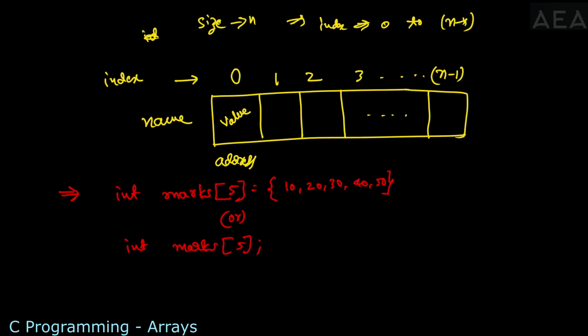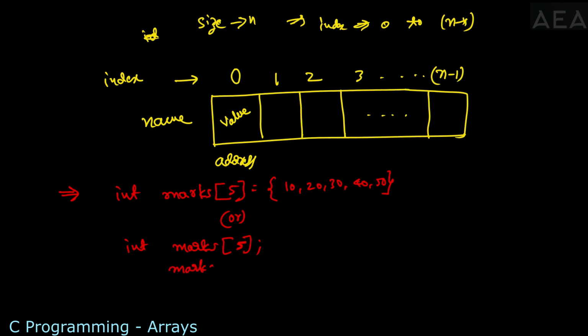If the 5 is not given, it does not give an error in that case, because the elements are already initialized. But in the second case I am not initializing the values. I want to initialize the values later. That's why you must mention the size of the array here. Later I am assigning the values here.